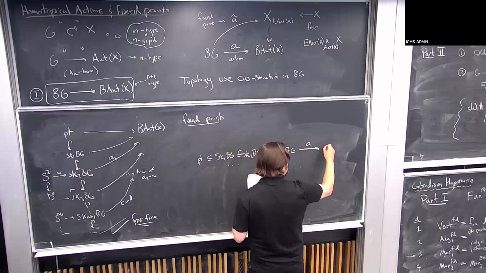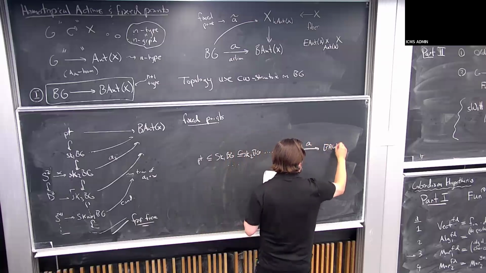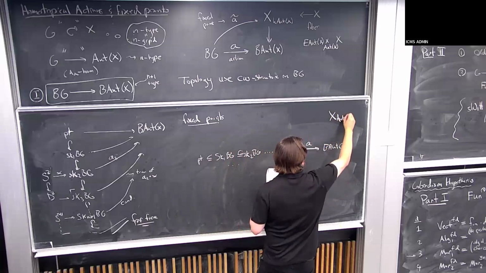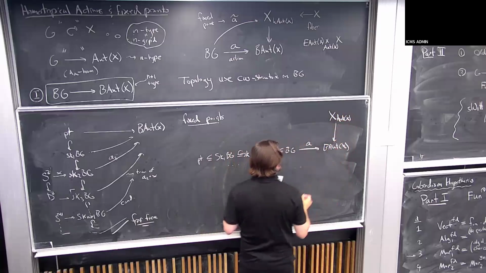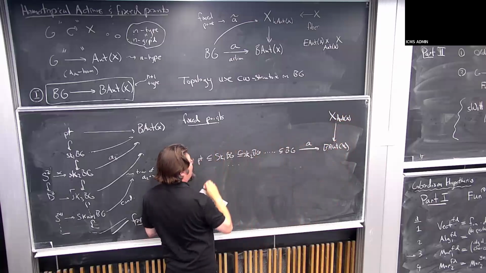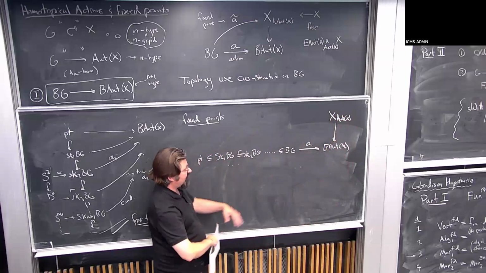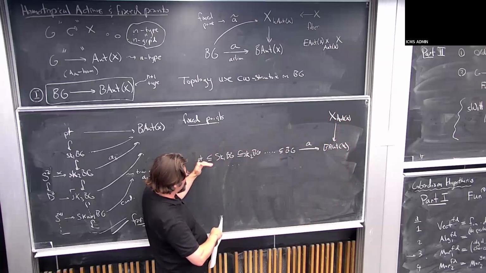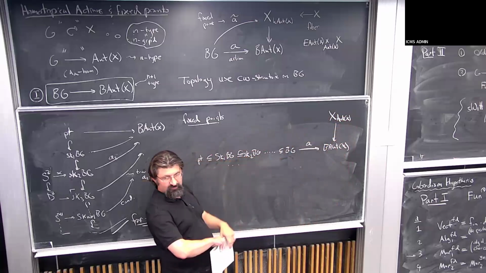We have our action on X. We have this X here. And we want to lift this to a map from BG to here. And so we can try to do that one cell at a time going through our CW structure.